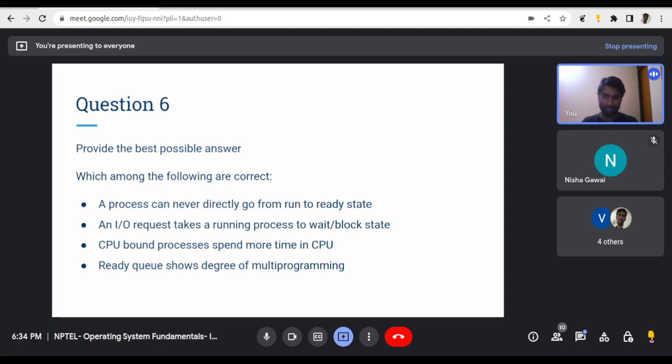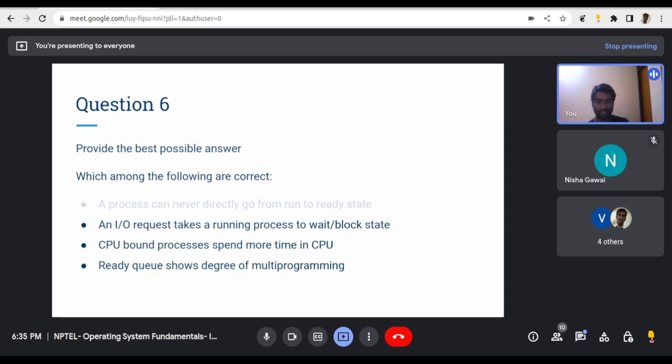Yeah, let's see what the answer is. Except for A, all the three statements are actually correct. I have not explained what multi-programming is. In the case of multi-programming, there can be multiple processes loaded into the RAM of the computer, and the CPU will be given to each of the processes in a cyclic manner or on the basis of priority.